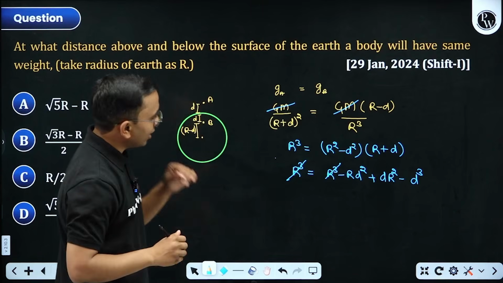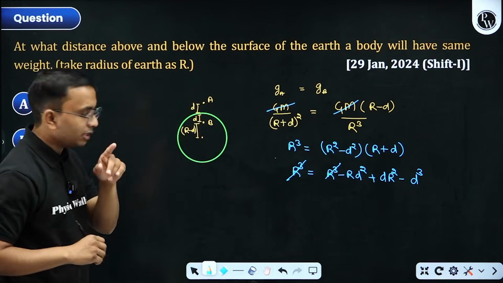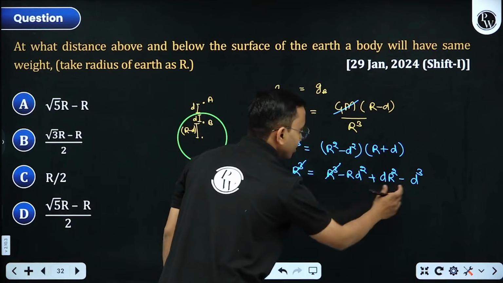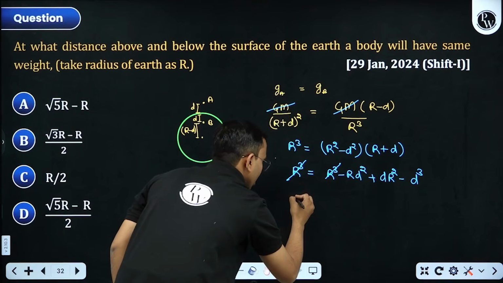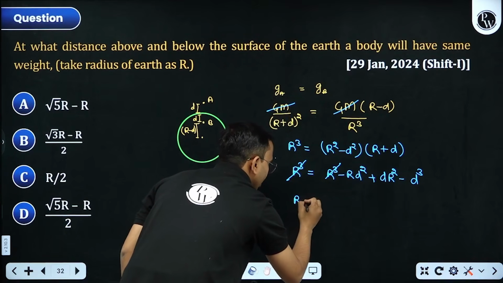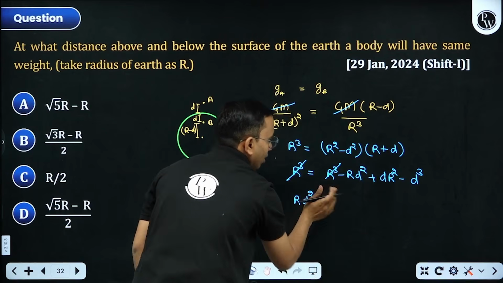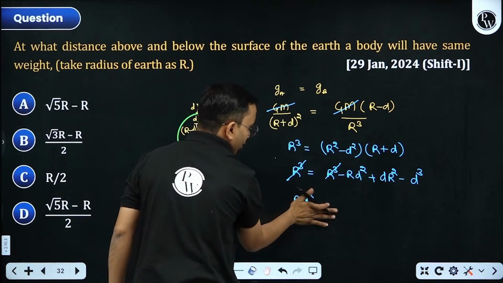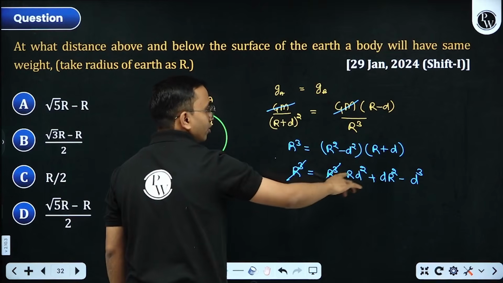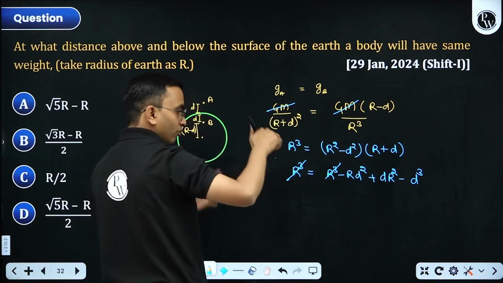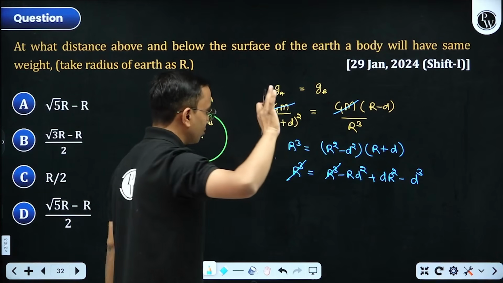So this becomes a quadratic equation in d. We need to find d, by the way. Let us write it, taking the whole on the left. There is a d cube also, so first I will take d common out of this, and then that d will become 0 on the other side.